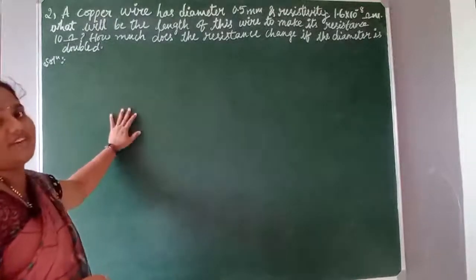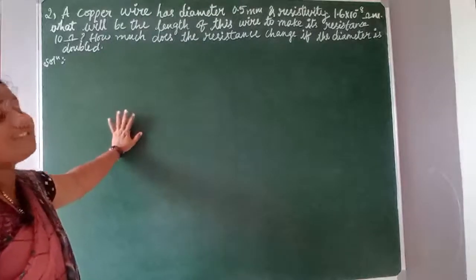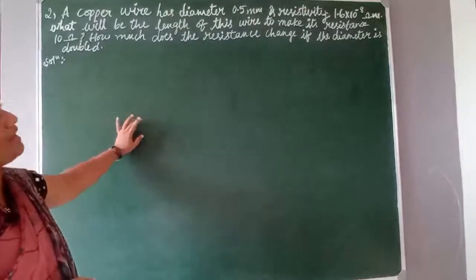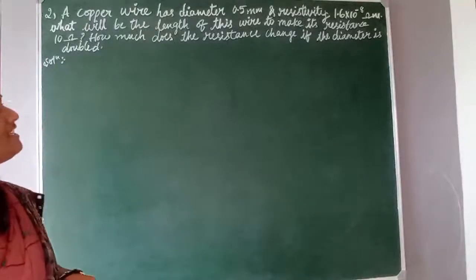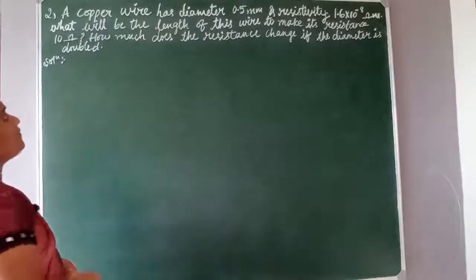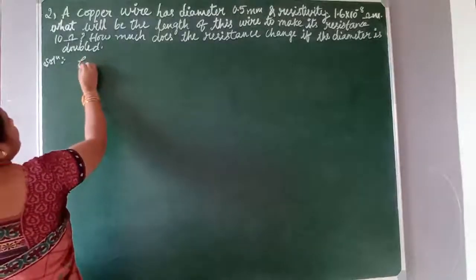Two parts, children. First, we need to calculate the length of the wire by using the diameter value and a resistivity value. So, children, first let us write the given data.